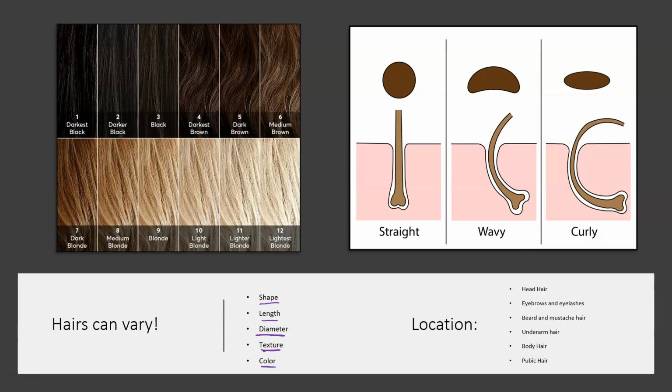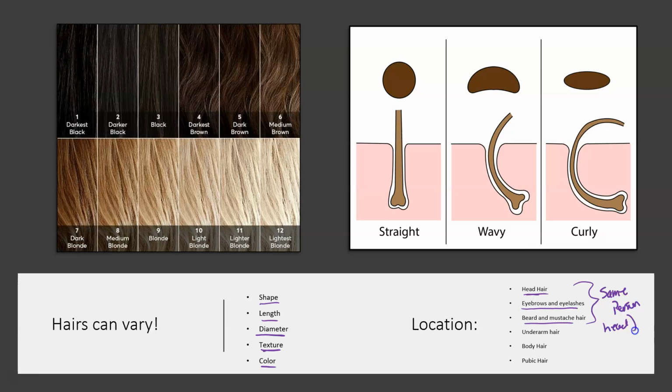When you look at the hairs on the same individual, meaning if I look at head hair versus eyebrow and eyelash hair versus beard or mustache hair of the same individual, I'm looking at 3 different locations of hairs on the same person, all on the same head.